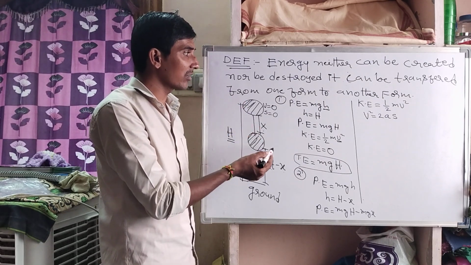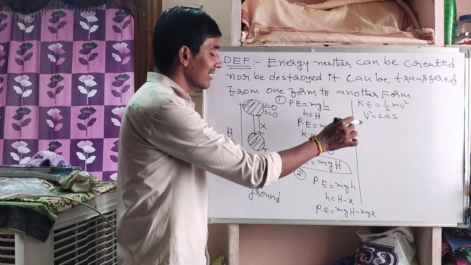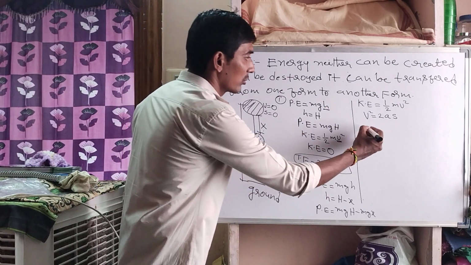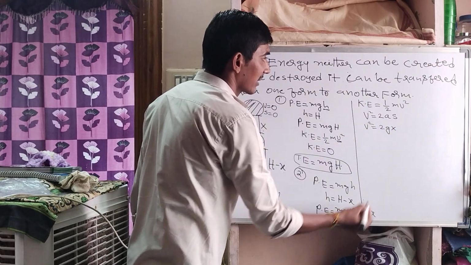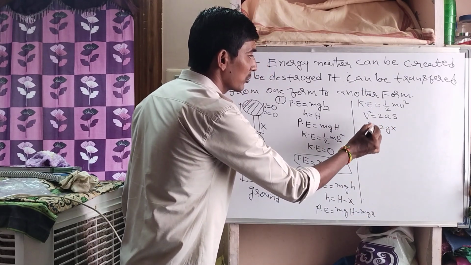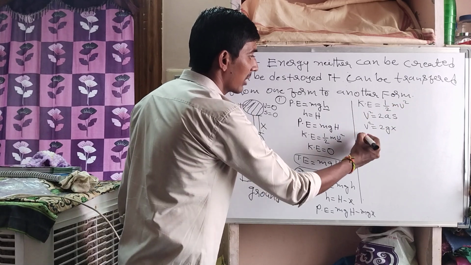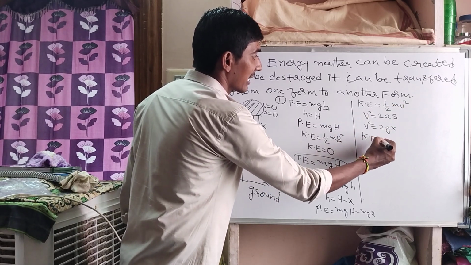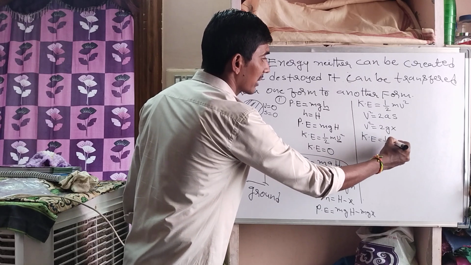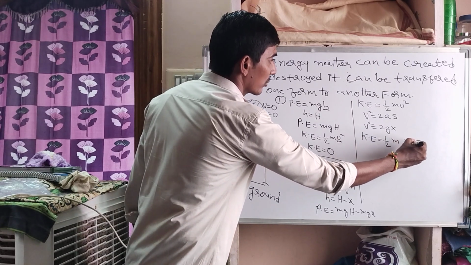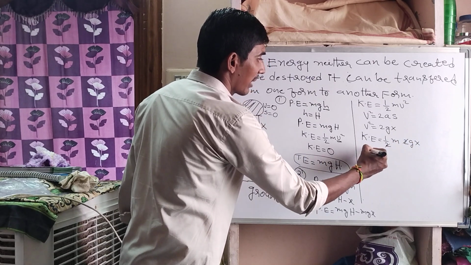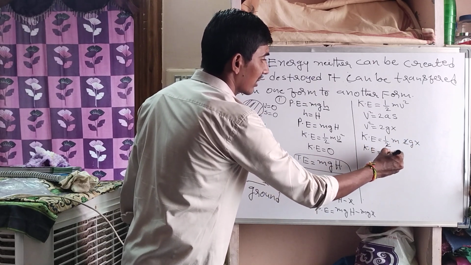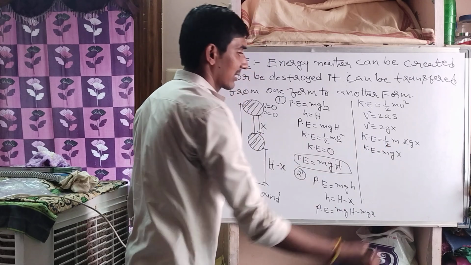So s is equal to x, and v² is equal to 2gx. Substituting into the kinetic energy formula, KE is equal to 1/2 m into 2gx. Here the 2 is cancelled, remaining KE is equal to mgx.